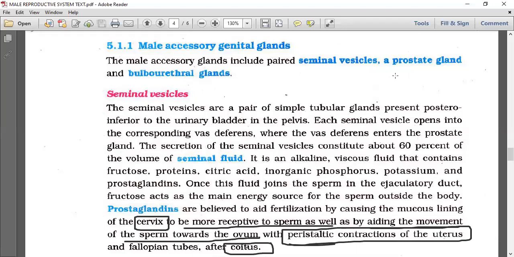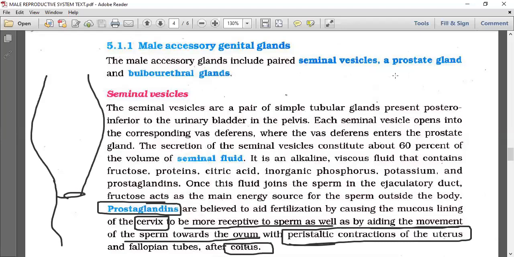So the prostaglandins are secretions present in the seminal vesicle. They make the cervix more receptive to the sperm, and the sperm should travel through the uterus. This is the uterus, this is the cervix and vagina.